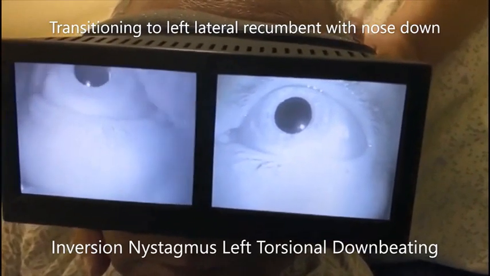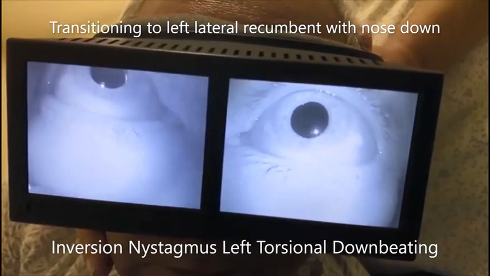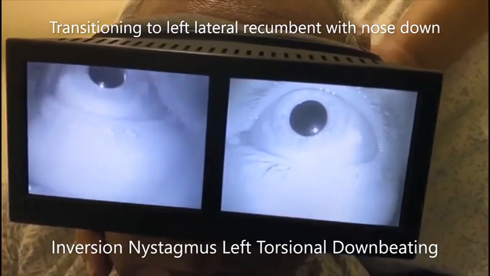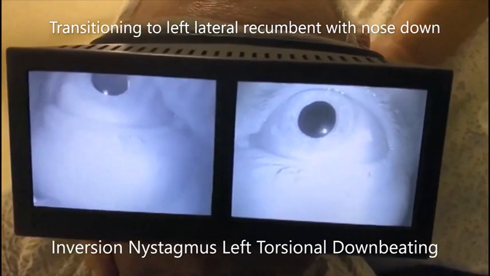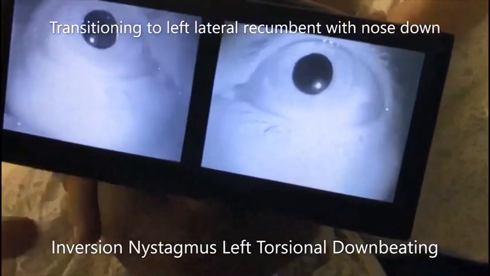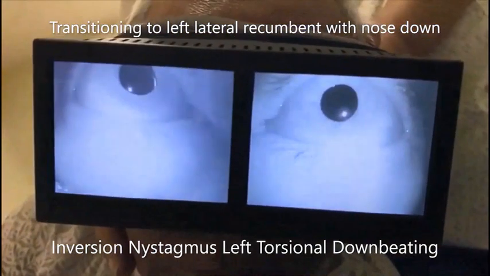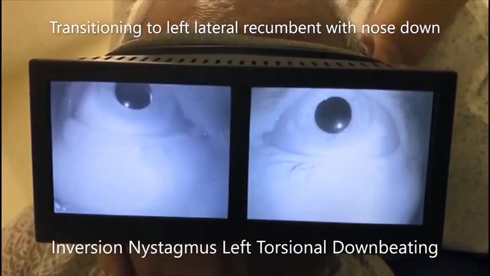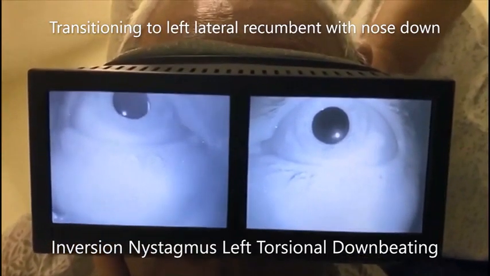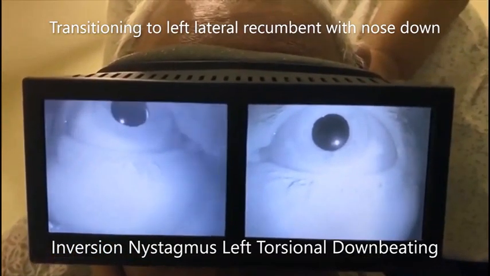So this case throws some light on the genesis of posterior cupulolithiasis in patients who are treated with repositioning maneuver for the typical periampullary posterior semicircular canalolithiasis.